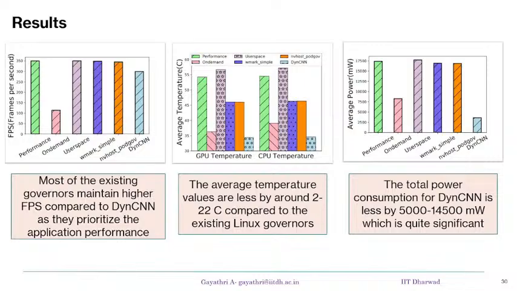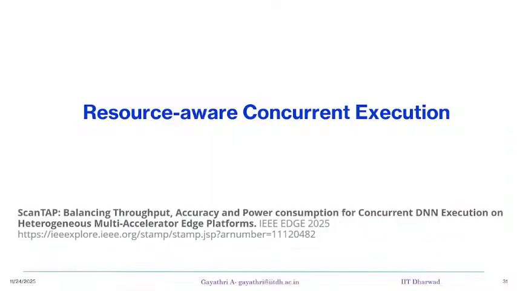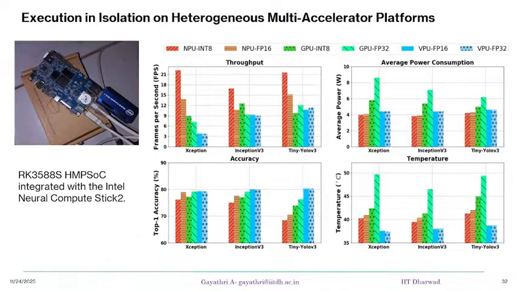Right. So what we had seen so far was running only one application. Now let's assume that you have multiple applications, and you have multiple hardware like an NPU, a TPU, a GPU, whatever it is. Each of this hardware allows you to run your application.